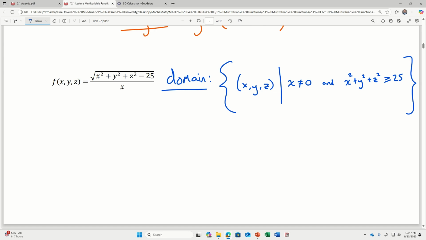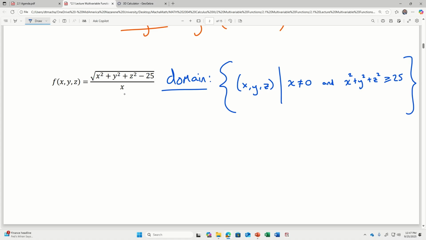So what would that look like? I'm not going to try to draw it because I'm not a good three-dimensional person. But what would it look like to have x squared plus y squared plus z squared be greater than or equal to 25? A sphere with the intercepts at 5. Yep.